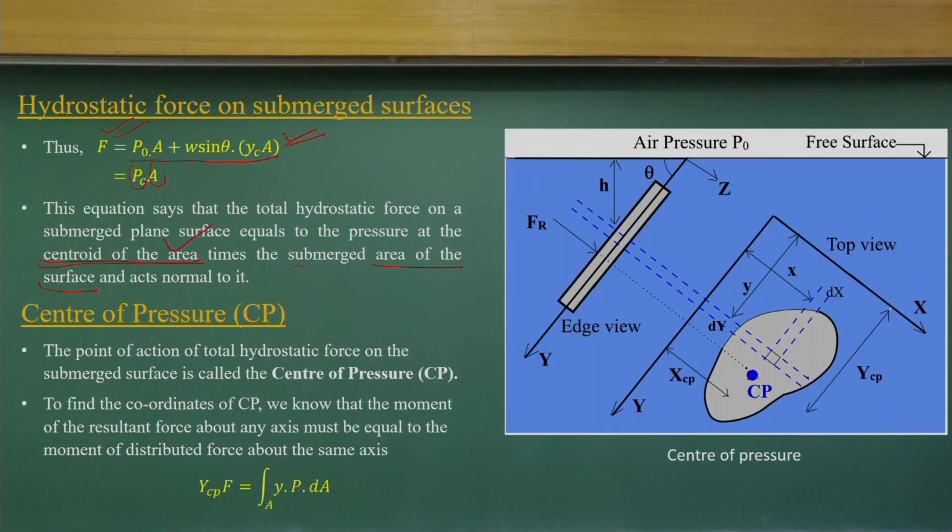Or, if you know the CG, the center of gravity of that submerged plane surface, at that CG point you get the pressure, which is easy to find, and once you know that pressure, multiplied with the area of the submerged surface, you get the force. You just have to remember that if you want to solve problems at a faster rate compared to doing integrations.